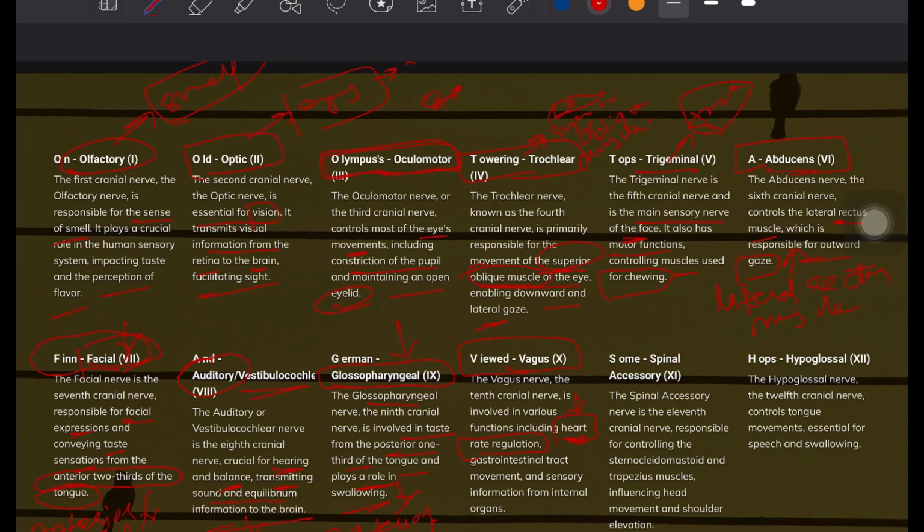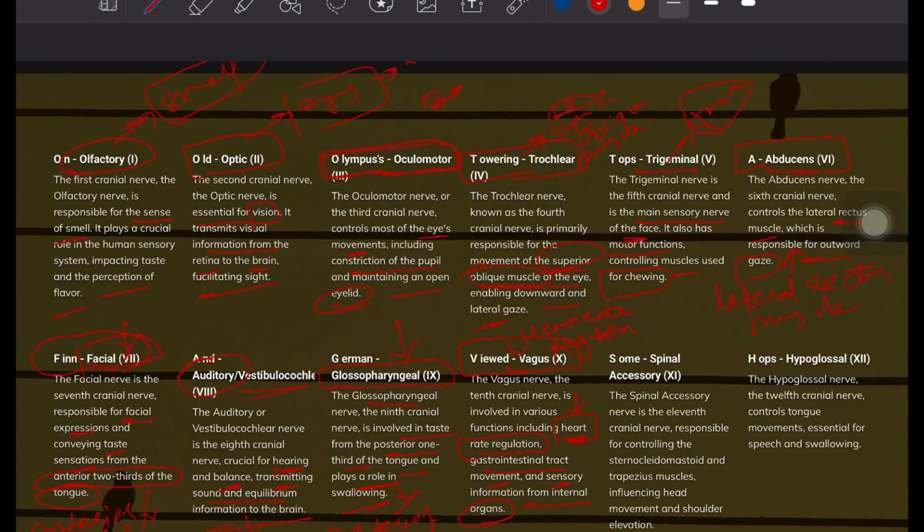It is the vagus nerve, and also for gastrointestinal tract movement and sensory information for the internal organs. So this is important.